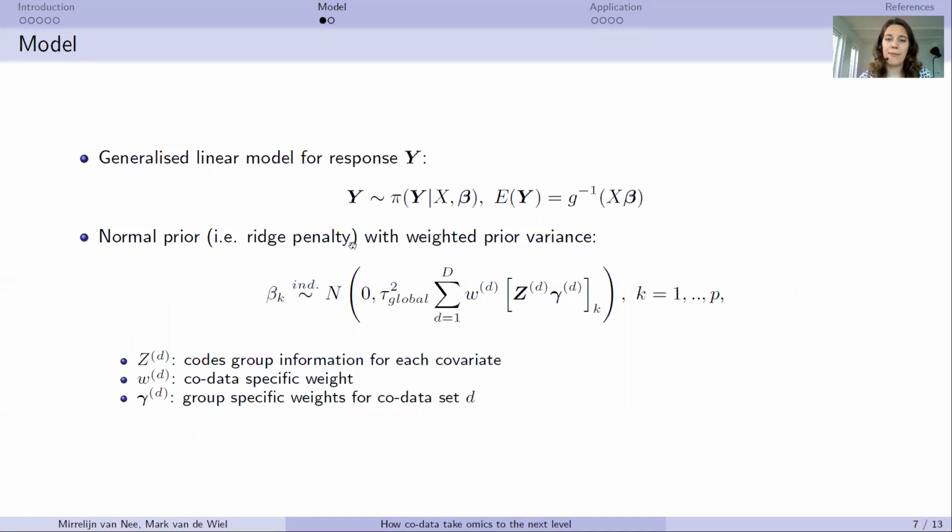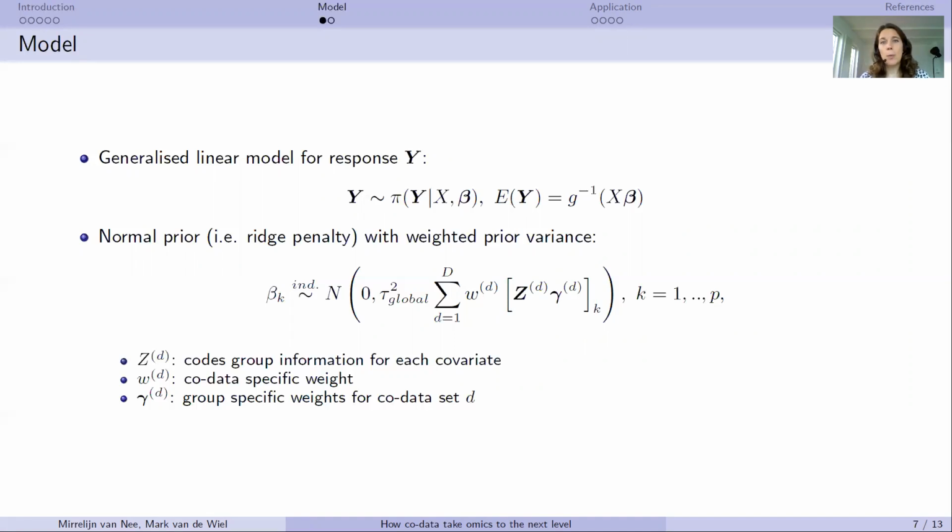Now, usually you have one overall penalty, which corresponds to this global prior variance, tau global, but we have a weighted prior variance, so we weight it with a linear combination of weights over codata sources, which obtain a codata weight W, and over different groups, and the group weights are in gamma, and Z is the codata matrix, which codes up the information for each covariate.